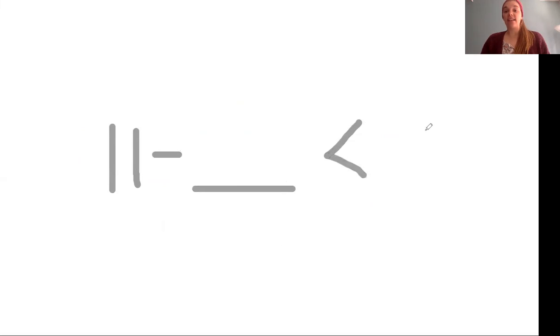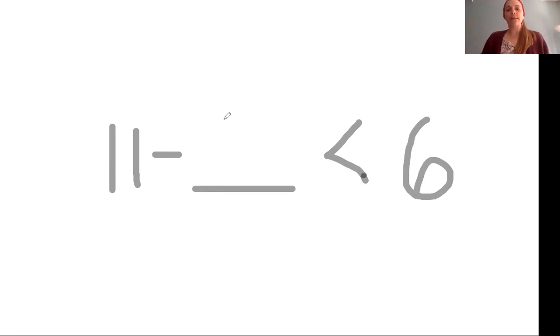So a practice one, I have 11 minus blank is less than 6. So I know whatever is on this side of the less than symbol would have to be less than 6. So let's just start plugging in numbers.